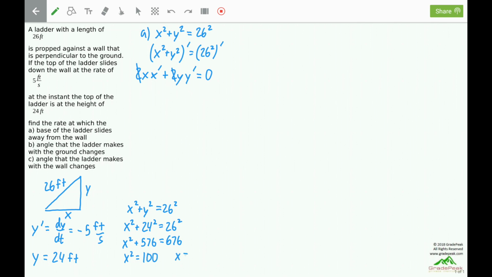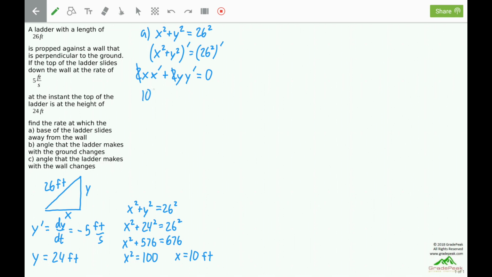And now we can take the square root, and that gives us x equals positive or negative 10, but we only want to keep the positive since x is supposed to be a measurement of the distance of the base of the ladder from the wall. We're in length units in this problem of feet, so this will be 10 feet.